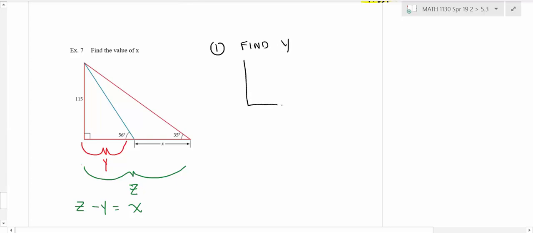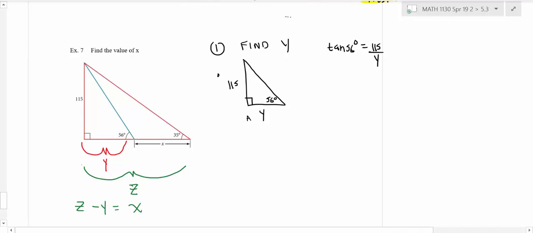With this one, we have a triangle with a 56-degree angle, a side of 115, and a side of y. If you focus on 56, that's opposite and that's adjacent. So it's the tangent. Tangent of 56 degrees is equal to opposite over adjacent. You could multiply both sides by y.